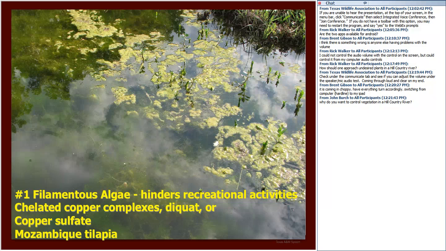Typically, chelated copper complexes are safe up to the 3 to 4 part per million range, so that's quite a good buffer zone for you. Another advantage of chelated copper complexes is that because they are chelated, they stay in suspension in the water column for much, much longer.